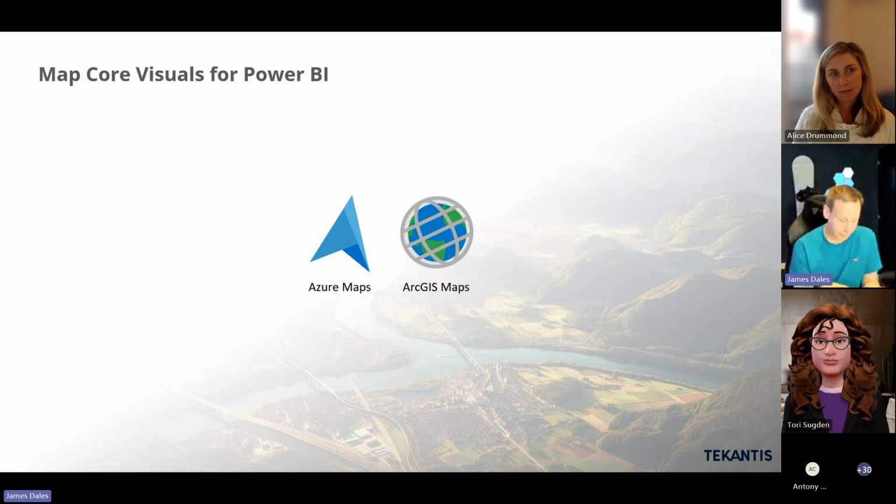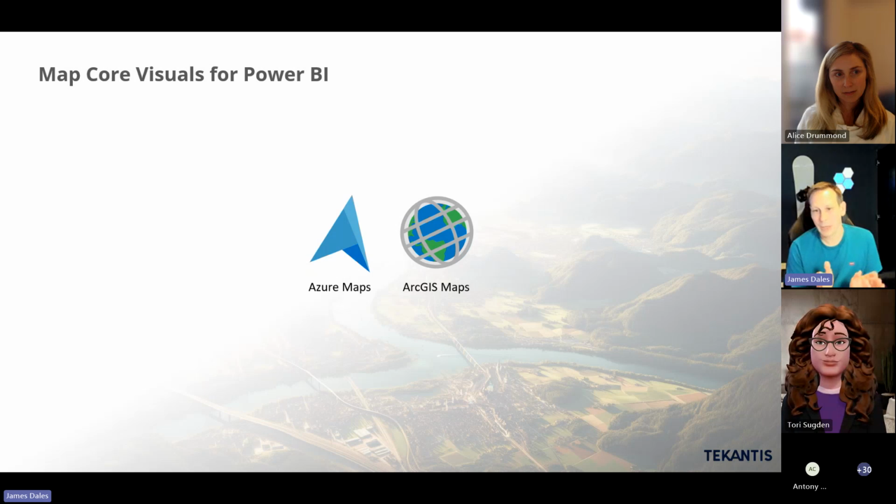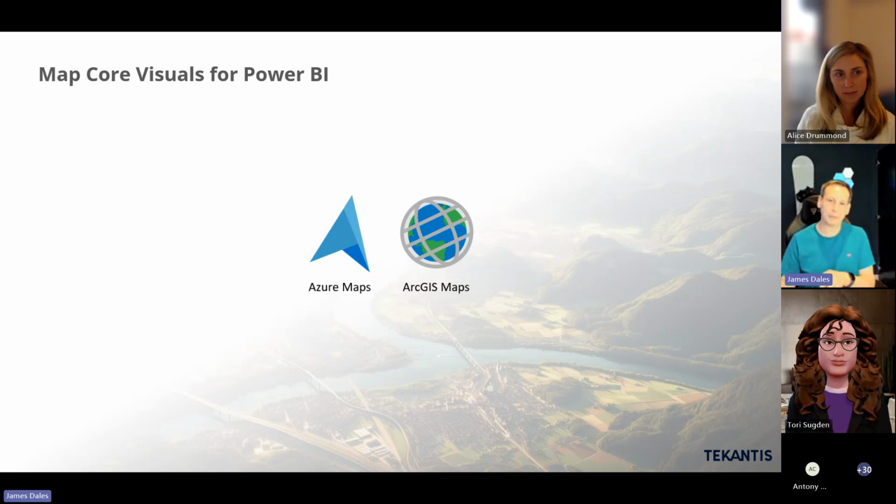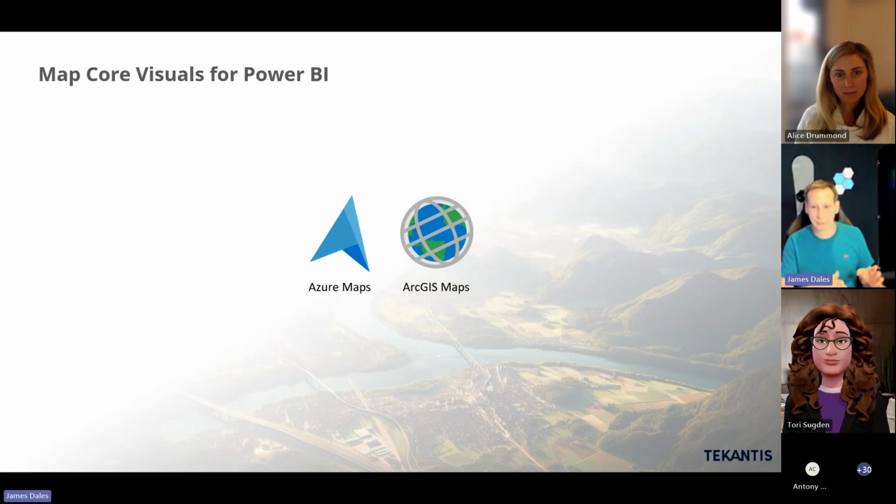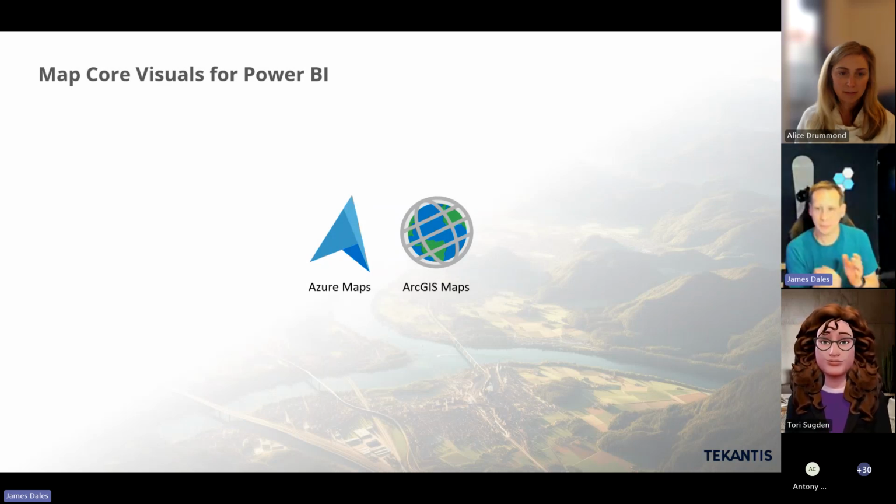And now most of the functionality, if not all, that was in the original Bing Map visual and the field map visual has now arrived in Azure Maps. But obviously there's still a big gap between that old functionality and what we want to be able to do in our maps. So I'll talk about that in a moment.